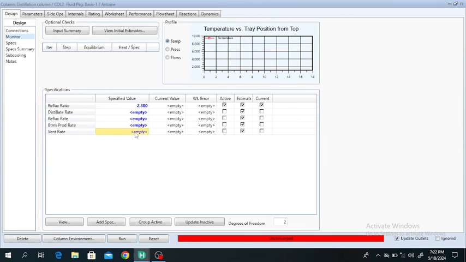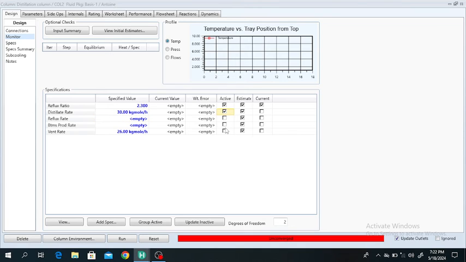Suppose the vent rate is 26 kilogram mole per hour, and the distillate rate is, suppose, 30.